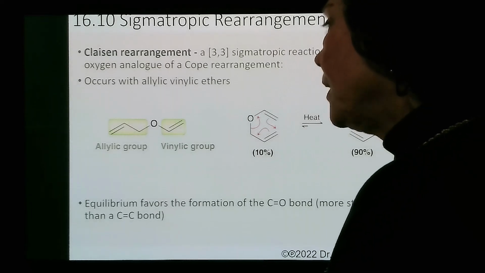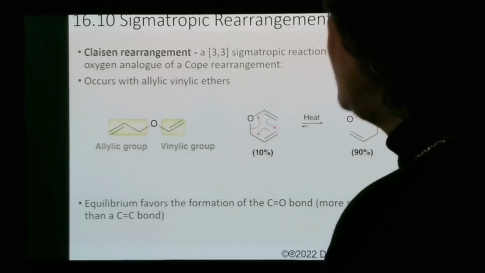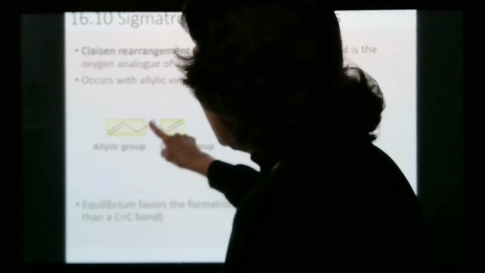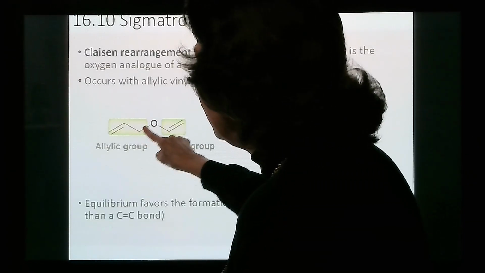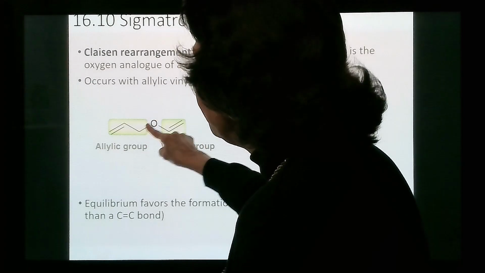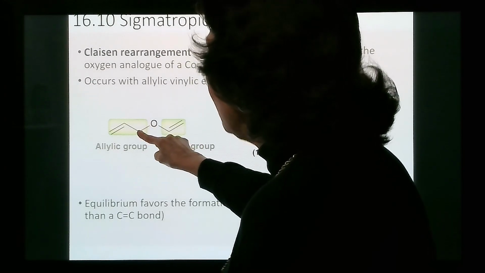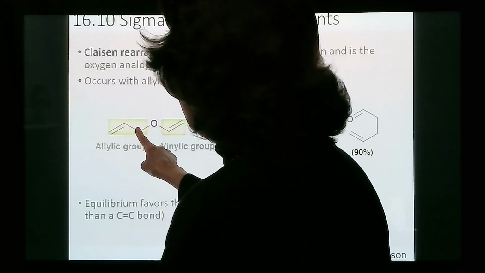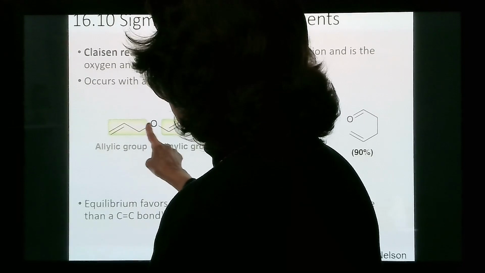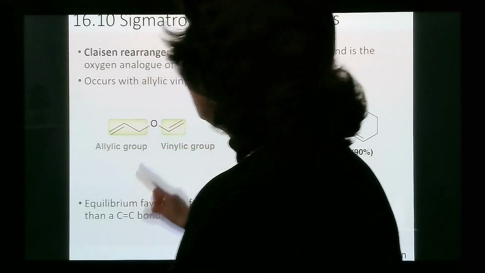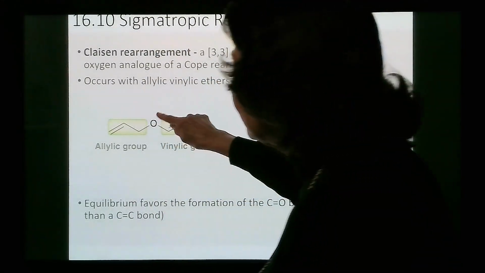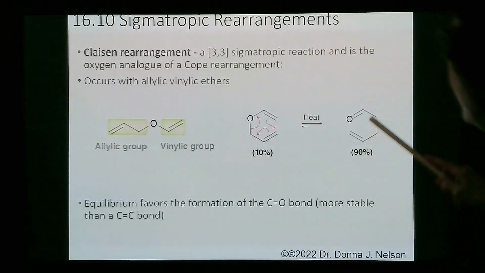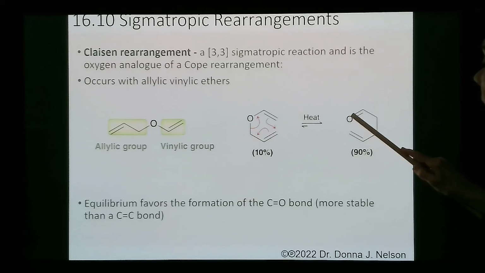The Claisen rearrangement is much like the Cope rearrangement, in which this CO bond is going to be the migrating bond. Now, instead of a carbon-carbon bond, it's a CO bond. And the pi systems are 1, 2, 3, 1, 2, 3. So this is just like the Cope rearrangement, except that one of the atoms is an oxygen. And over here you can see the CO bond.